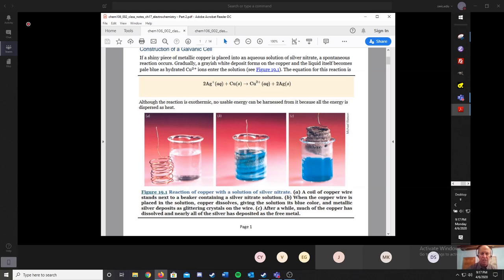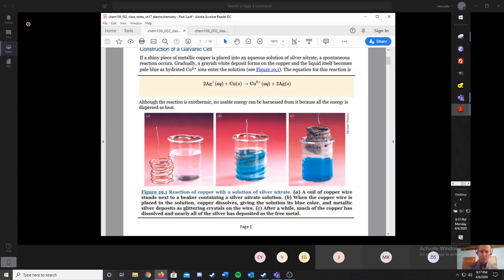And the redox reaction is written as follows here. It's 2 silver ions combining with copper solid yields copper ion plus solid silver. In other words, the silver and the copper traded places.